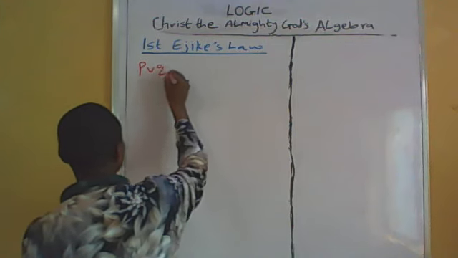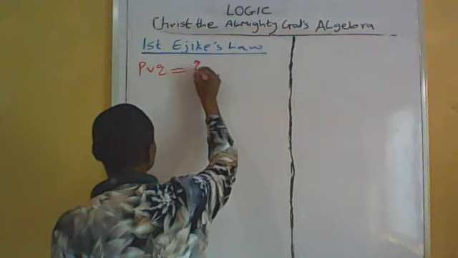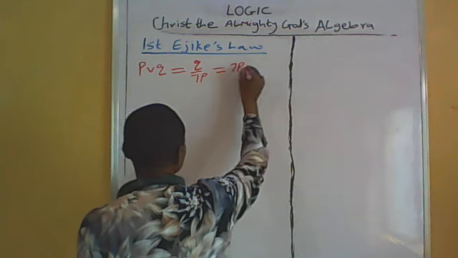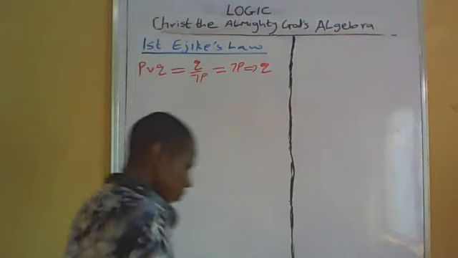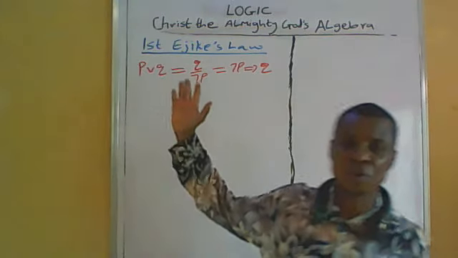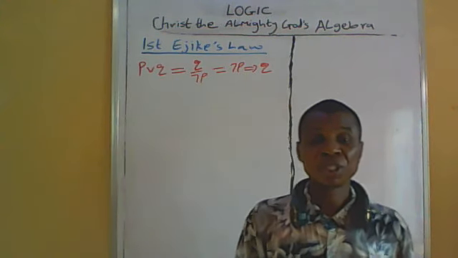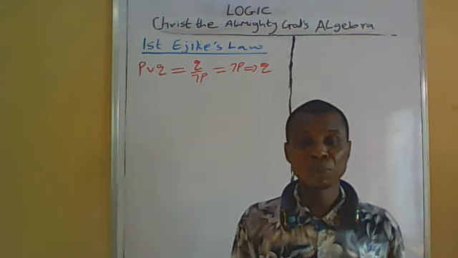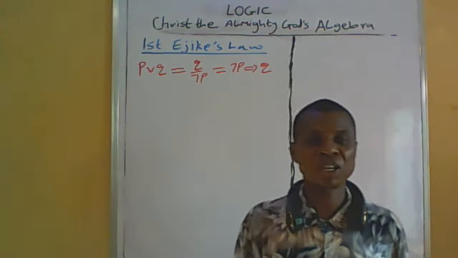P or Q is equal to Q upon not P, equal to not P implies Q. This is a typical example of the first law. P or Q is equal to Q upon not P, also equal to not P implies Q.